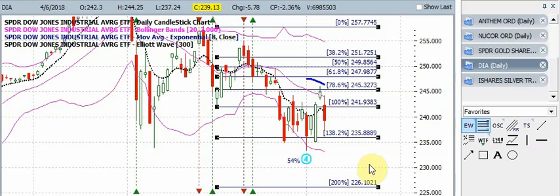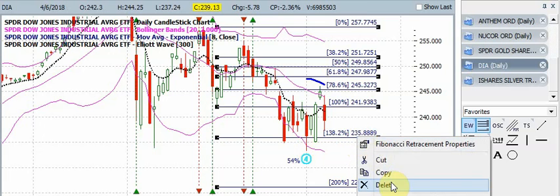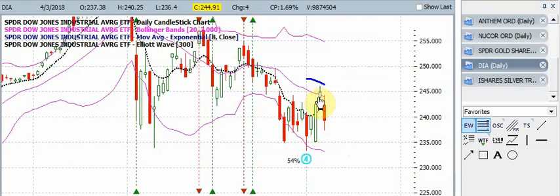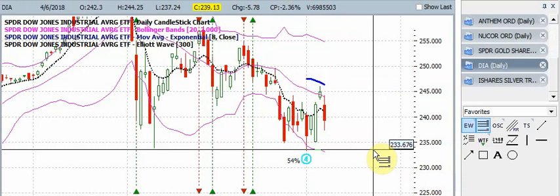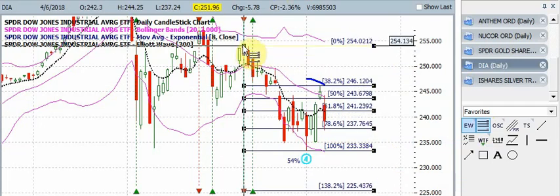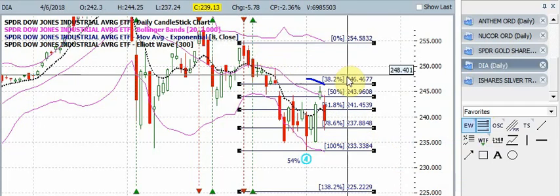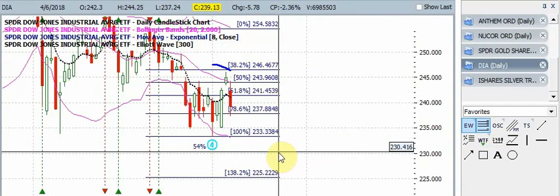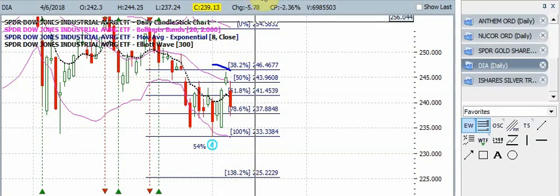Now, to figure out the destination of wave 5, we take the complete distance of wave 1, wave 3 to calculate wave 5. So we start where wave 3 ended, go to where wave 3 began. The first retracement is going to be back down again to 100%.